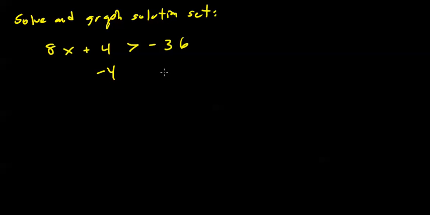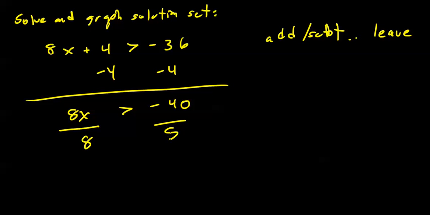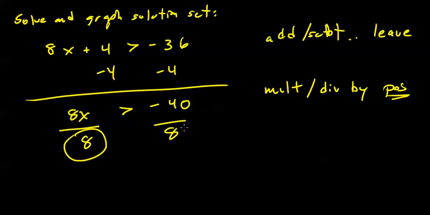I would probably subtract 4 from both sides, and again, when you add or subtract on an inequality, leave the arrow alone. So I get the equivalent inequality, 8x is greater than minus 40. I would now want to divide both sides by positive 8. And notice, when you multiply or divide by a positive, and 8 is positive, we leave the arrow alone.